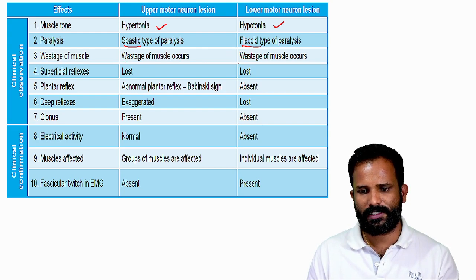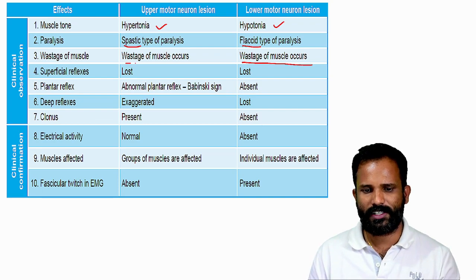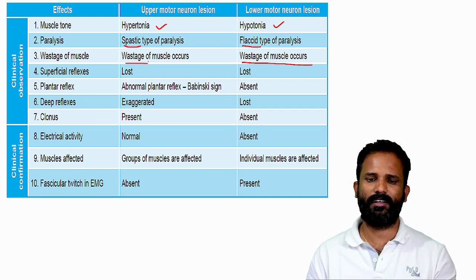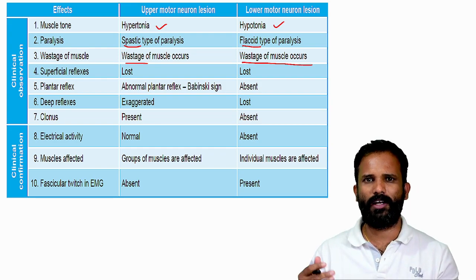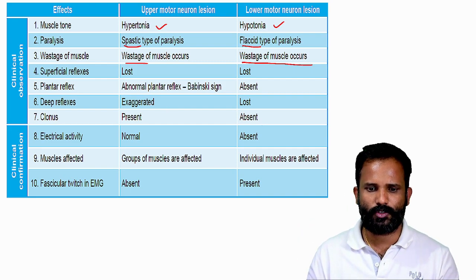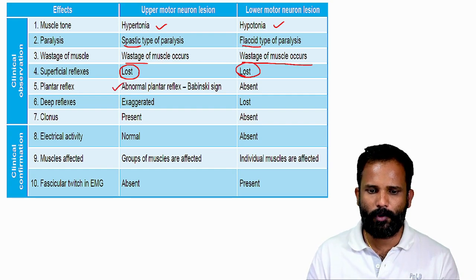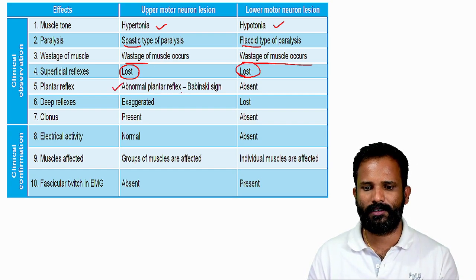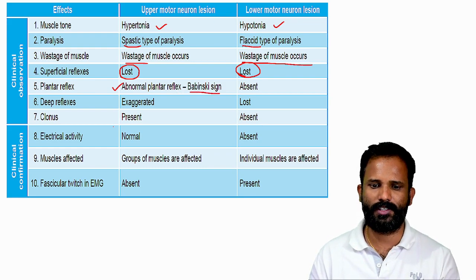Wastage of muscle occurs more in lower motor neuron lesion as the tone is reduced, and wastage of muscle occurs less in upper motor neuron lesion as the tone is more, but as the voluntary movement is not there, wastage will be there. And superficial reflexes are lost in both, except an abnormal superficial reflex, that is the abnormal plantar reflex, the Babinski sign, which is seen in upper motor neuron lesion.